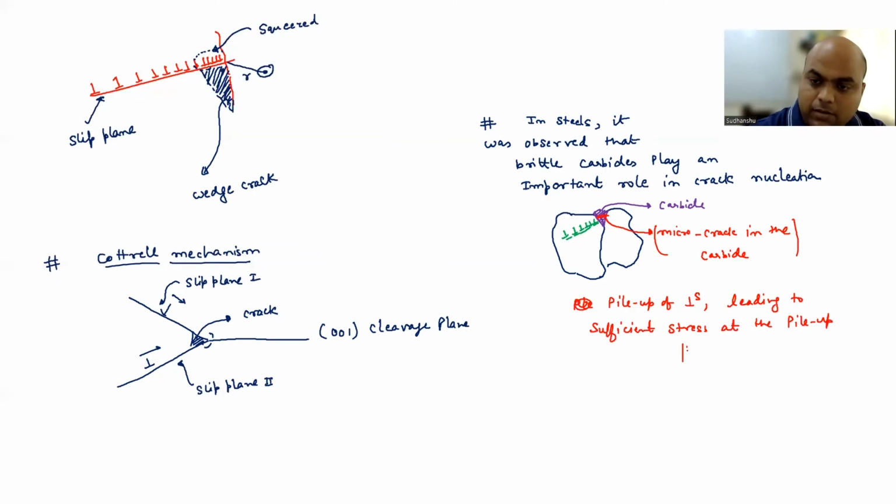Now this can nucleate a crack in the grain boundary carbide.